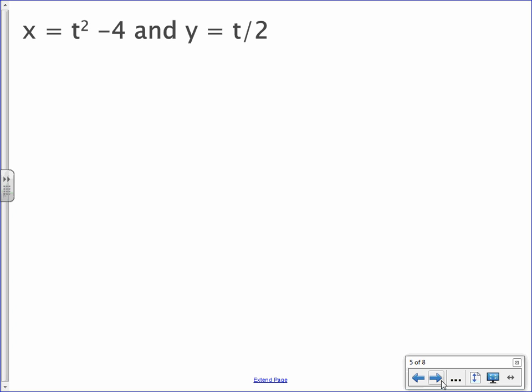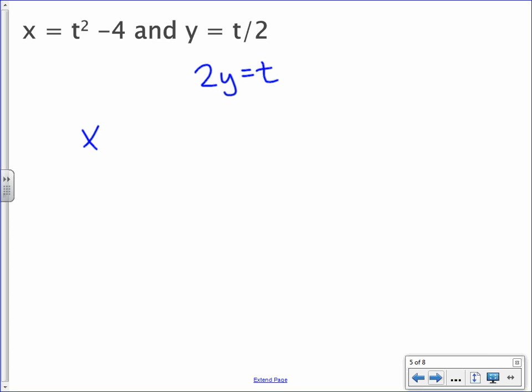What equation would be easier to solve for t? Y would be a lot easier, right? To solve for t in our y equation, what do we have to do? Multiply our 2 over, so t equals 2y. Now, we're going to take that and plug it into the x equation.